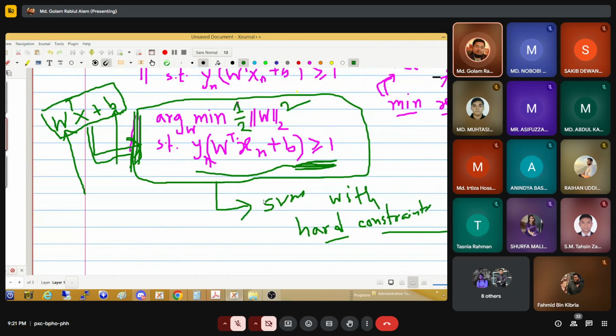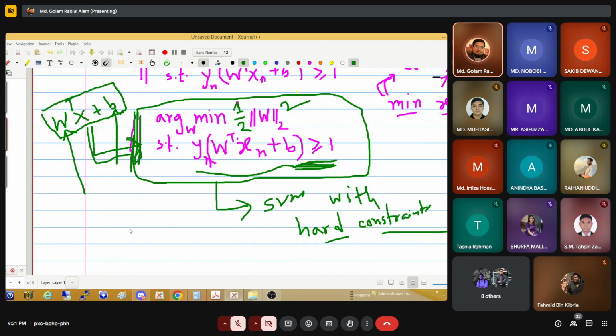To apply the Lagrangian, at first we have to form the Lagrange equation, usually called the Lagrange multiplier equation. That means to formulate any optimization problem in Lagrange multiplier form.